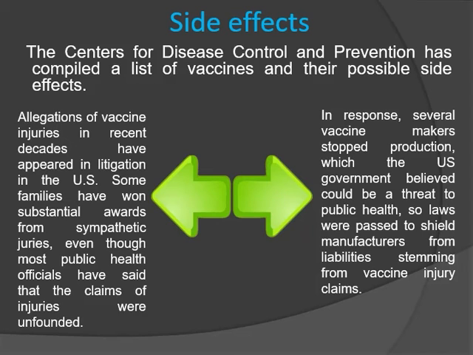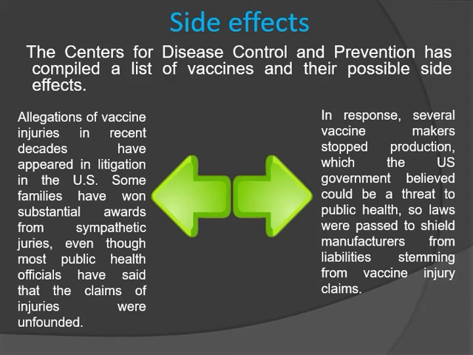In response, several vaccine makers stopped production, which the US government believed could be a threat to public health, so laws were passed to shield manufacturers from liabilities stemming from vaccine injury claims.